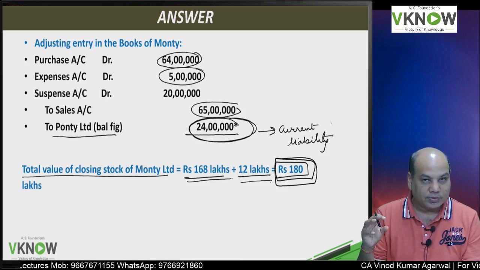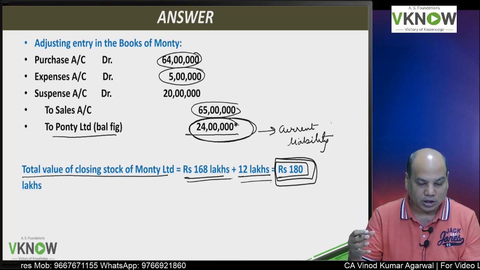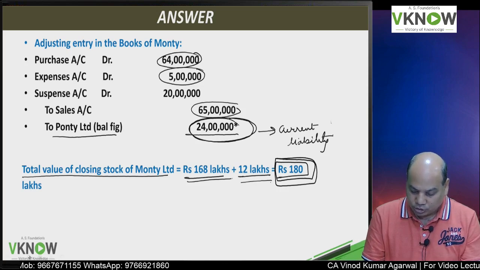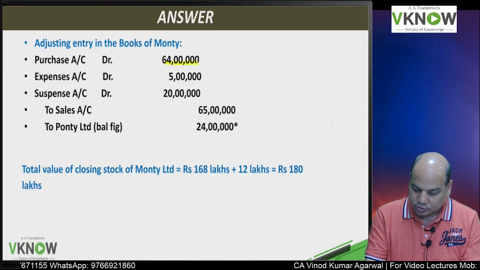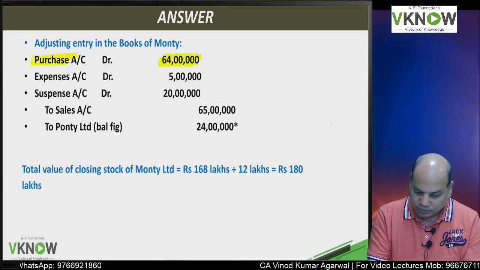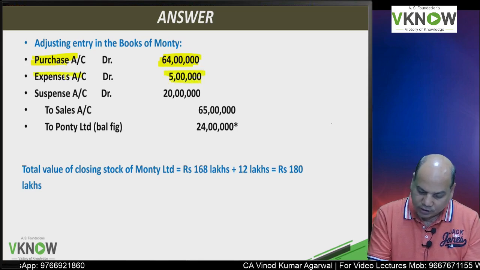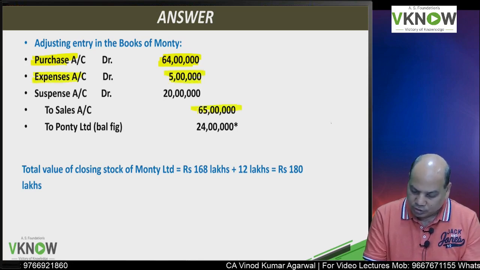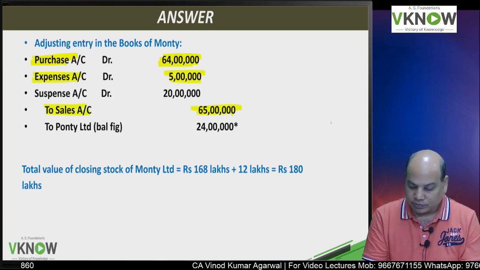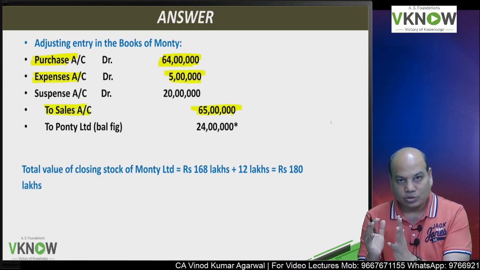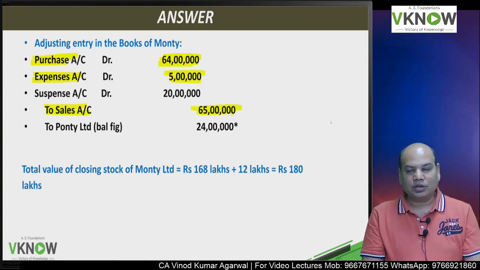These are the items which will be written in the P&L account, and we are going to add 64 lakh rupees in the purchase, we are going to add 5 lakh in expense, and we are going to add 65 lakh in the sales figure.